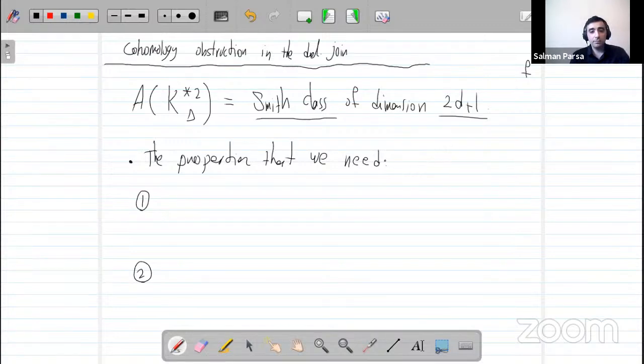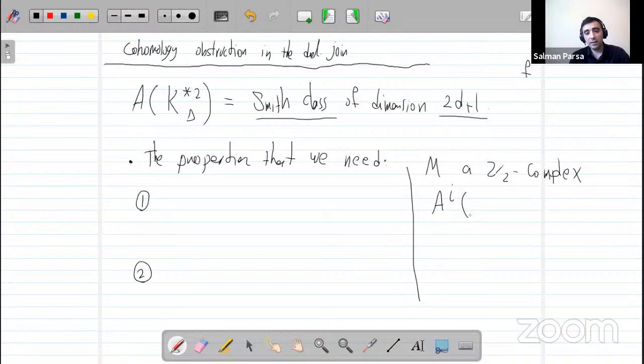Let M be a Z2 complex. And then we have one Smith class per dimension, so we have A_i of M. These live in different cohomology groups that I will explain later.